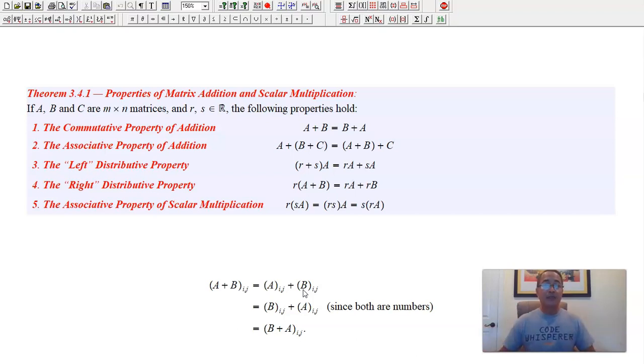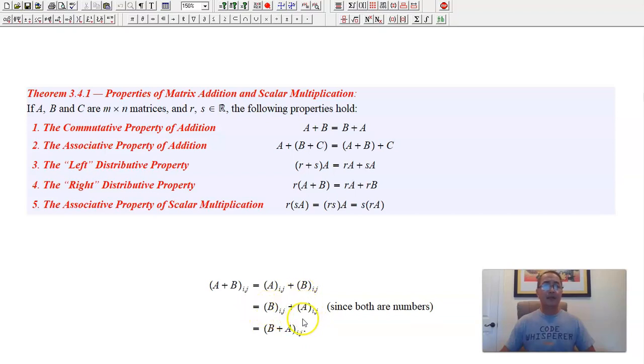But now, they're both just numbers, so it doesn't matter in which order you add two numbers. We have a commutative property for real numbers. So the sum of these two numbers is exactly the same if you reverse the order. If you add the entry in row i, column j of b to the entry in row i, column j of a, then you should get exactly the same answer.